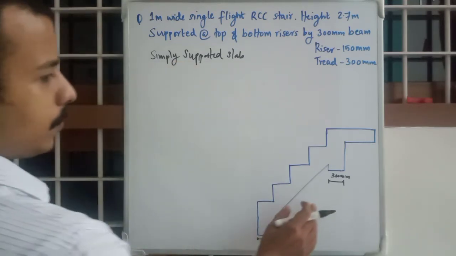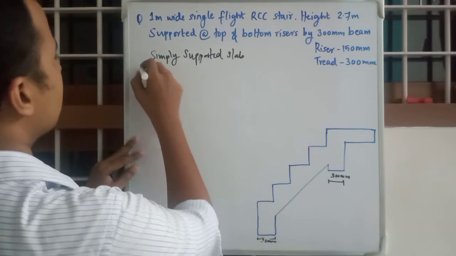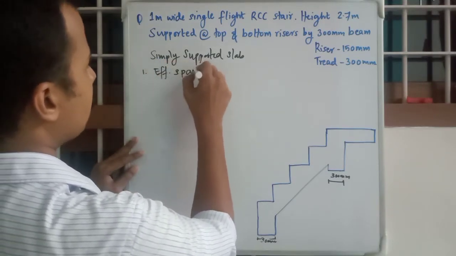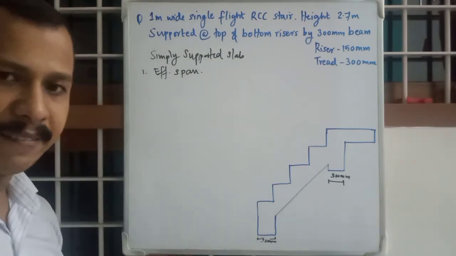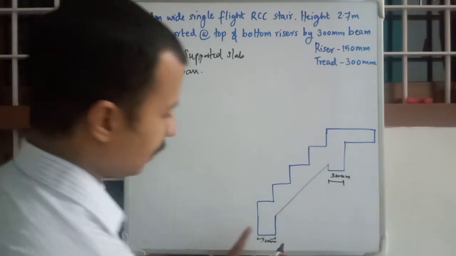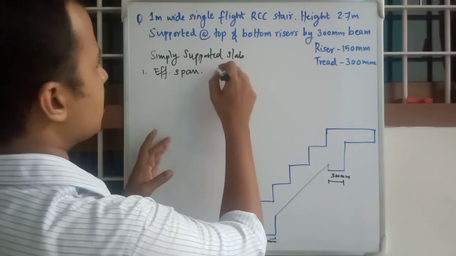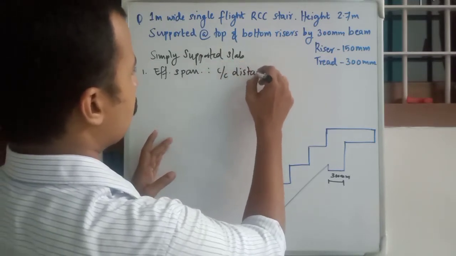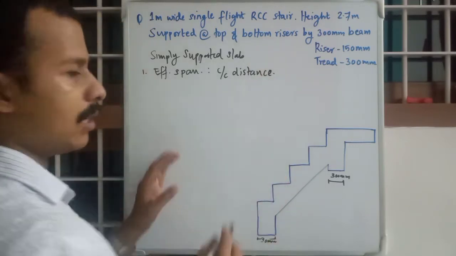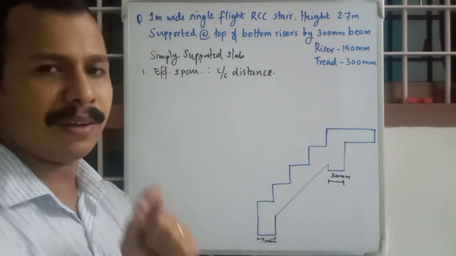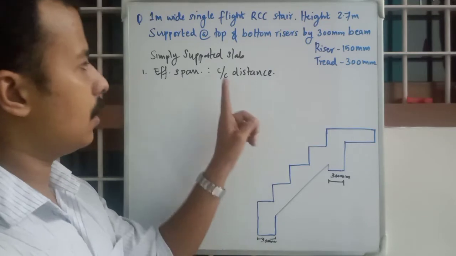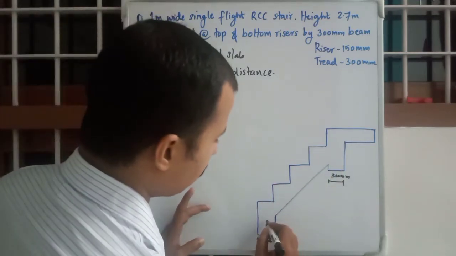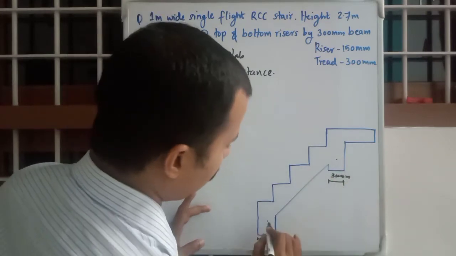So first one is the effective span. How do you calculate effective span? You need to calculate the center to center distance, and it is given on page number 63 of IS 456. So center to center distance between the supports, that means the horizontal distance from this point to this point.